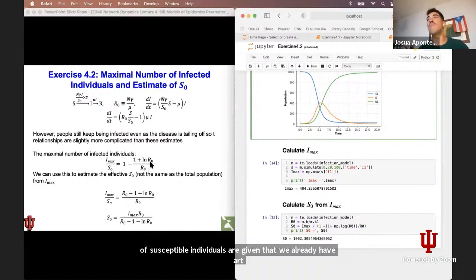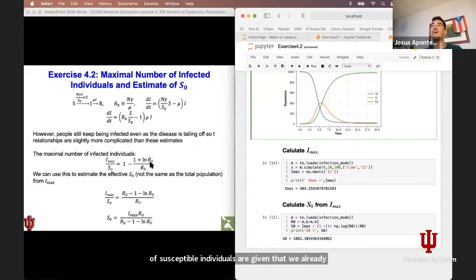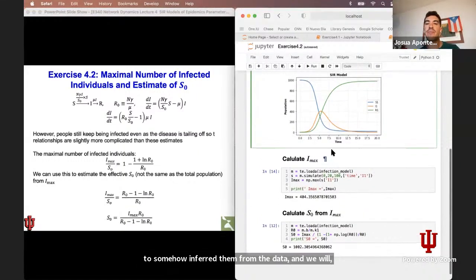And again, this is important because in all of these discussions, we are assuming that we somehow know what R naught is, because we know what the parameters of the infection are. The problem in the real world is that we do not necessarily know what those parameters are. So we need to somehow infer them from the data. And that's what the second part of the class today is going to be about.